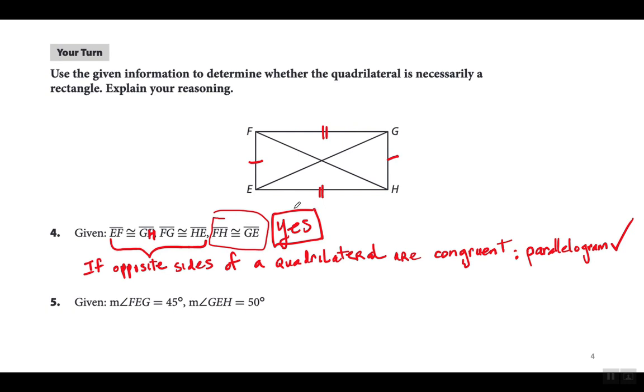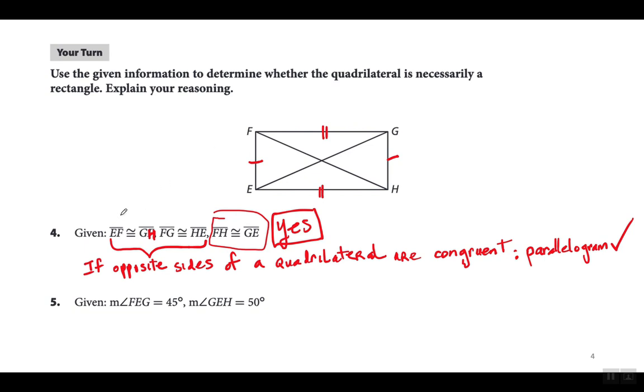Okay, the reason I said that we have an error here is because we can only determine that it's a rectangle if the diagonals of a parallelogram are congruent. But nowhere up here does it say that this is a parallelogram. It does not show in the picture that this is a parallelogram. So first thing I got to do is determine, is this a parallelogram?